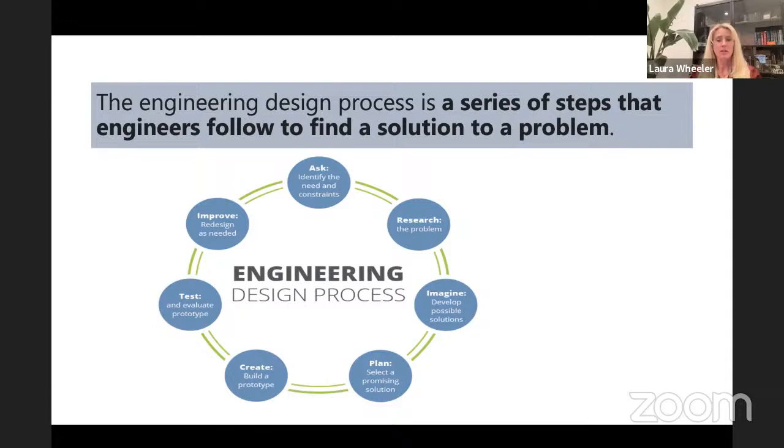Then in the rest of your class, you can begin to plan or select a promising solution that is based on addressing the issues that we talked about, your materials and maintenance and size constraints. And then in this course, you can use technology to create and build your prototype and then test that.